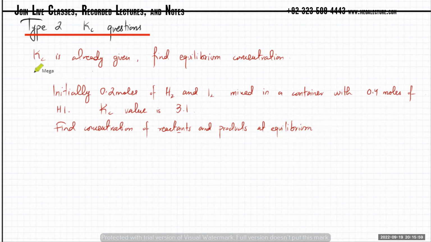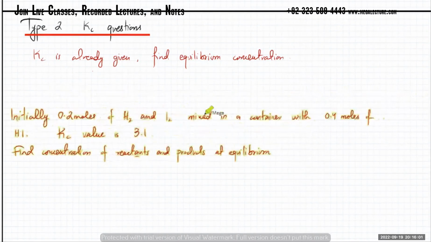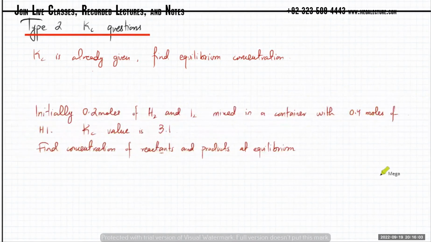That's the whole question. The way you're going to figure this out is that they'll obviously give you the reaction, which is H2 and I2 reacting together, in equilibrium with HI.